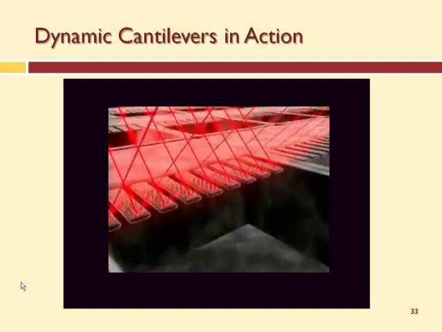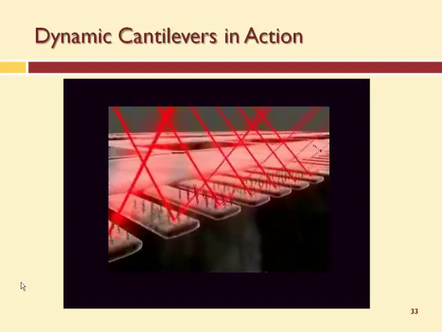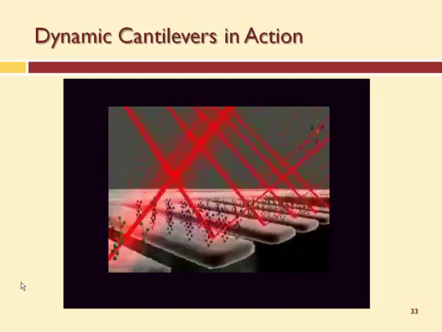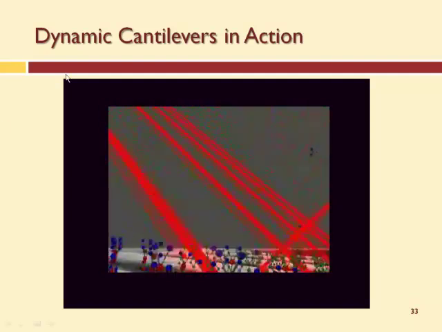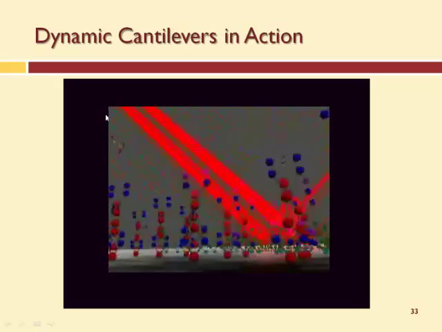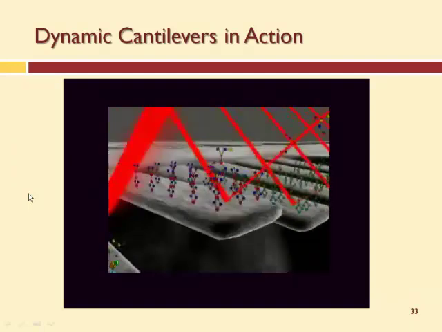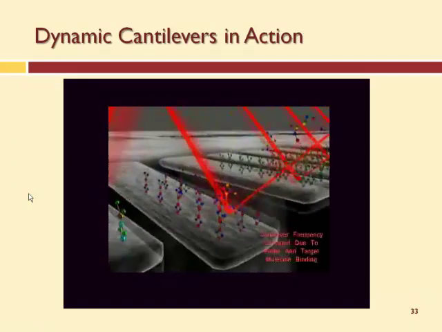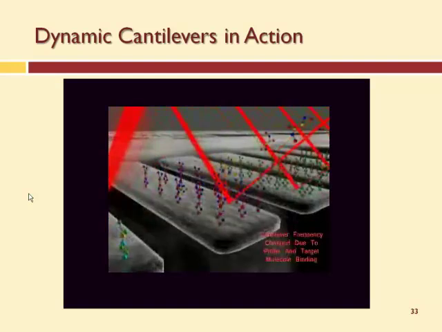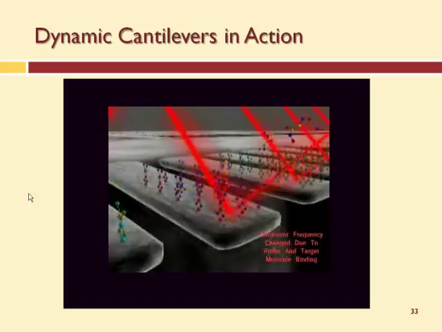Now, this animation isn't quite right. You wouldn't have these incoming beams bouncing. They would be stable. The ones coming off would be vibrating. So our animator made a mistake, and we didn't catch it right away, but it gives you the idea.